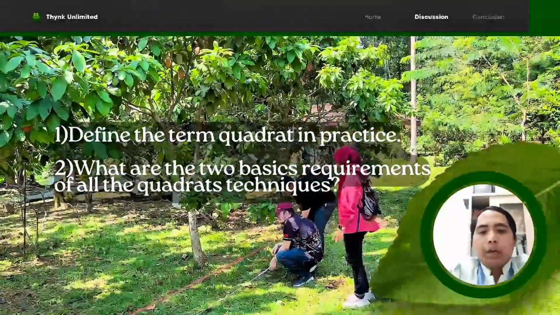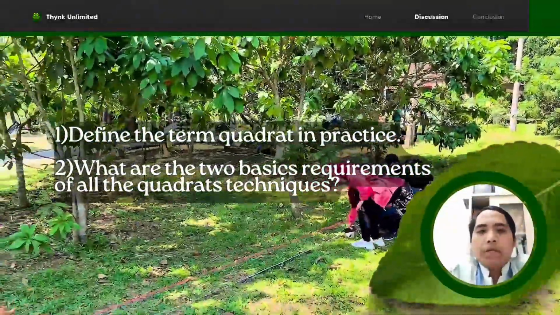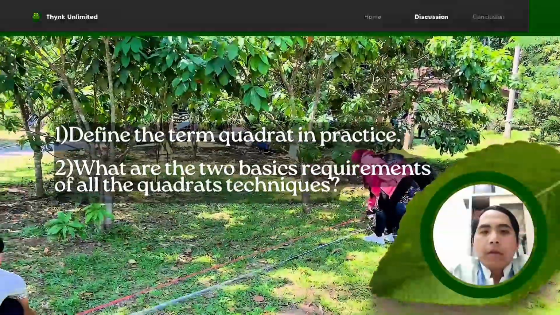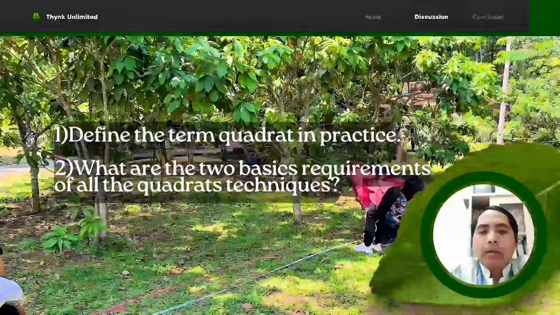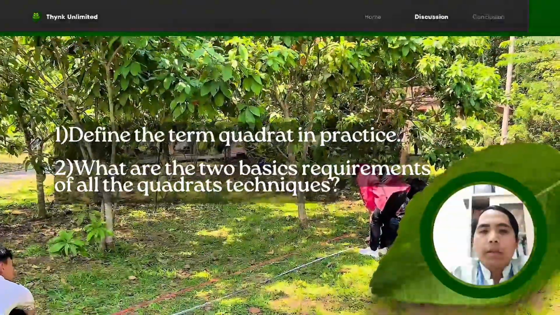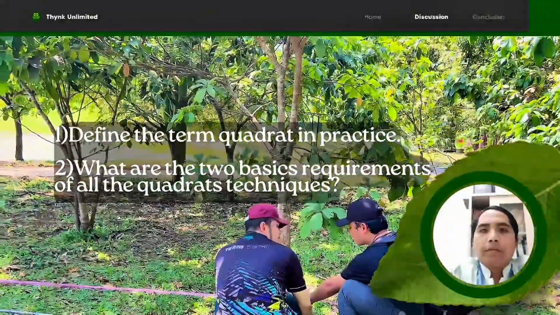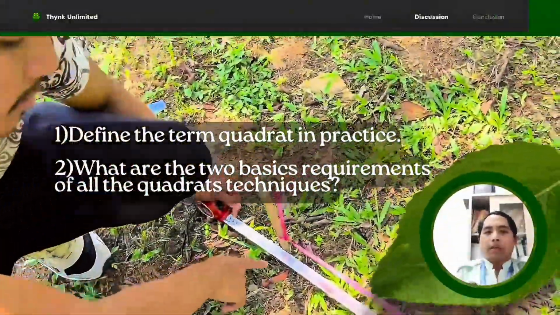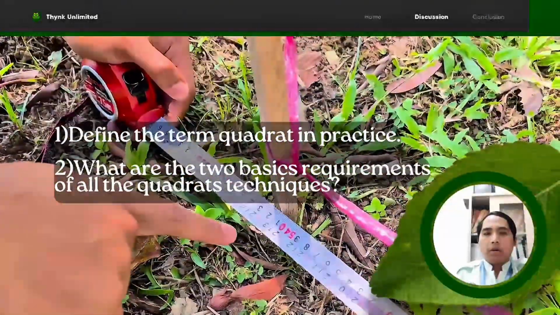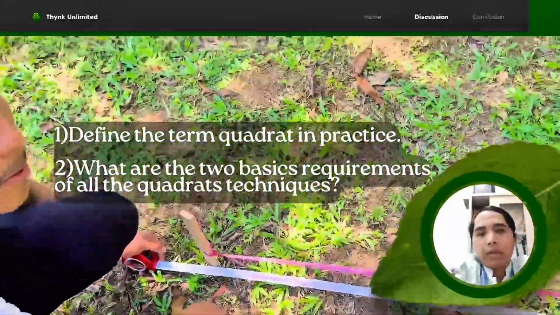In ecology, geography and biology, a quadrat is a tool used to isolate a standard unit of area for studying the distribution and abundance of organisms over a larger habitat.